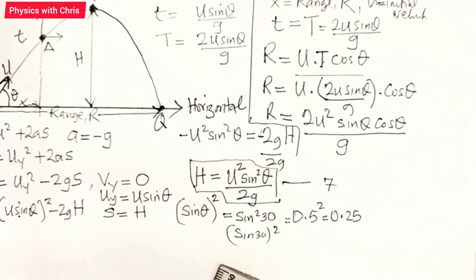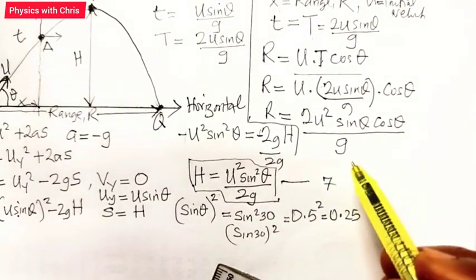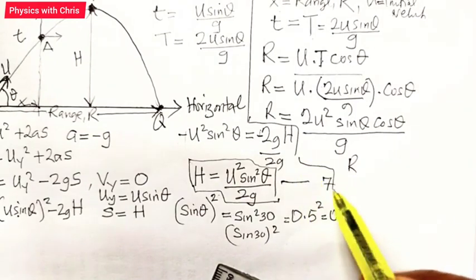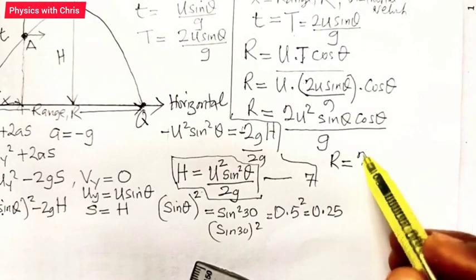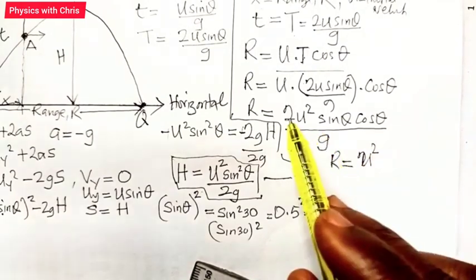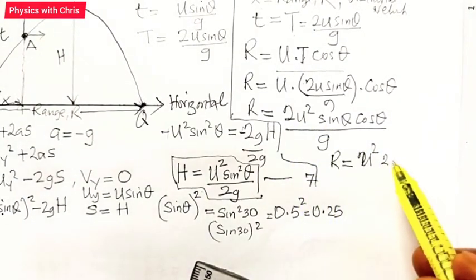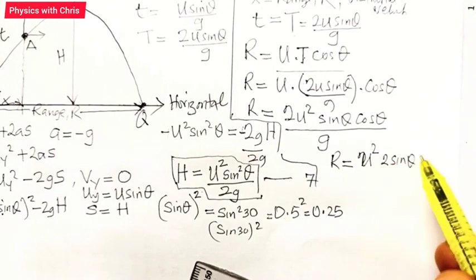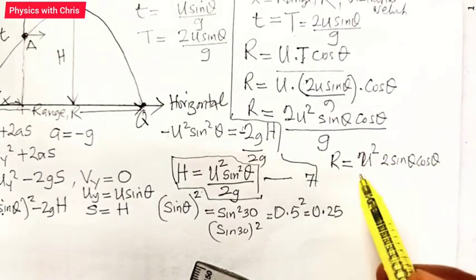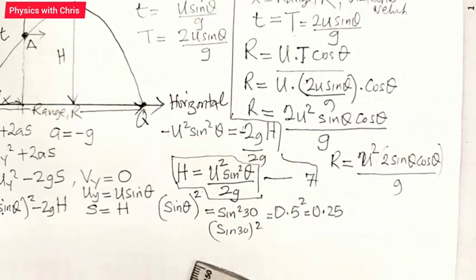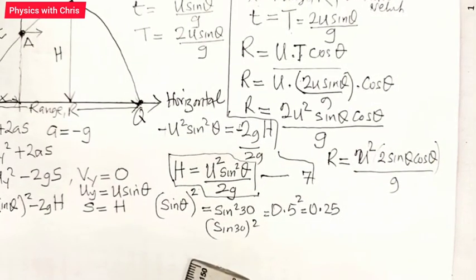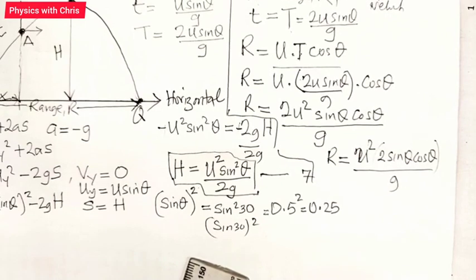Okay, to round off this particular class, we are going to do something here. I have u squared times 2 sin theta cos theta, and 2 sin theta cos theta is identical to sin 2 theta.